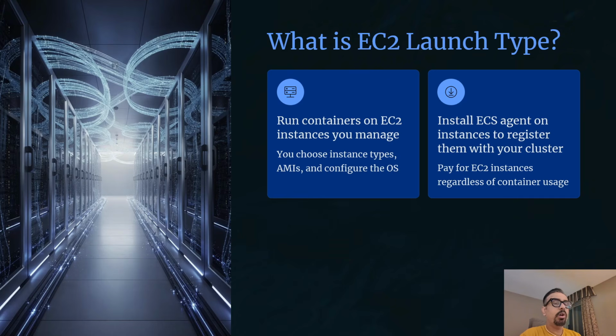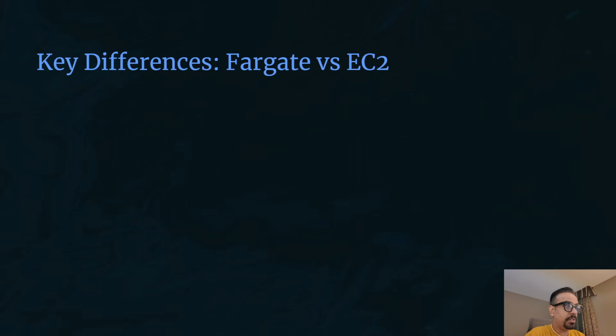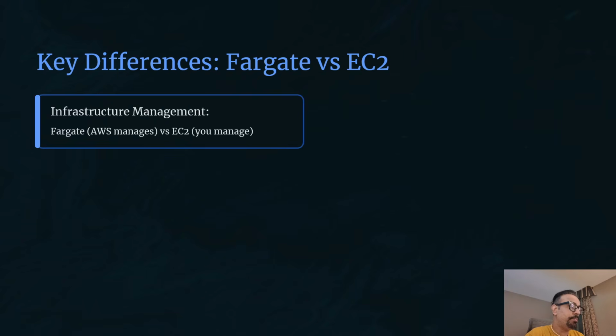You can. You can do a lot of things when it comes to EC2, but you should have a good amount of experience about the workload that you're going to host on it. EC2 launch type is best when you need infrastructure control, have steady workloads that justify long running instances, or require specific instance features. Let's compare these side by side to understand the trade-offs between them.